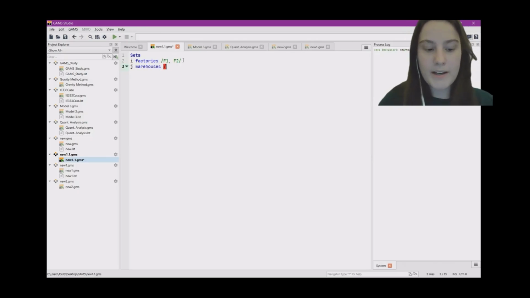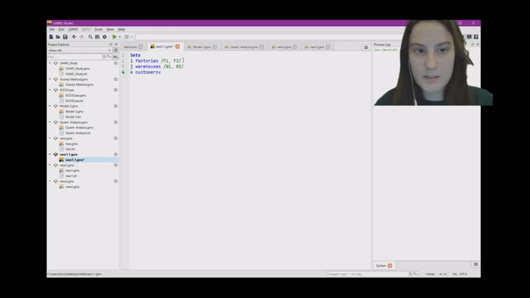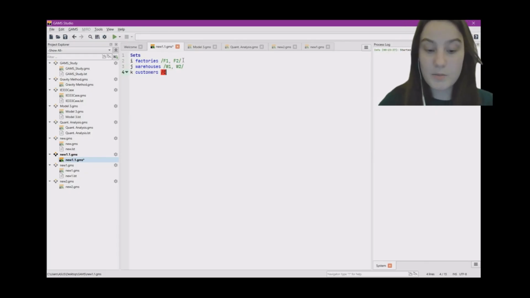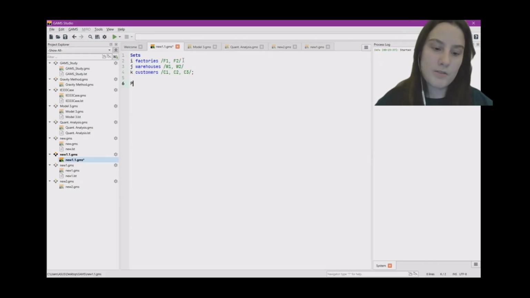We have two warehouses, warehouse 1 and warehouse 2. And then we have K, and that's for customers. We had three customers: customer 1, customer 2, and customer 3. So we are done with this cluster with sets, so we are putting a semicolon.